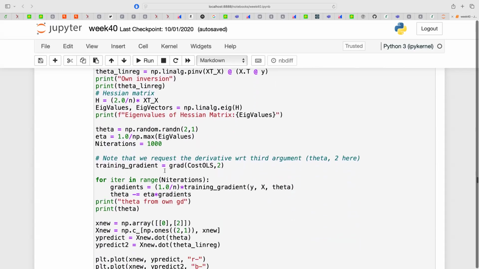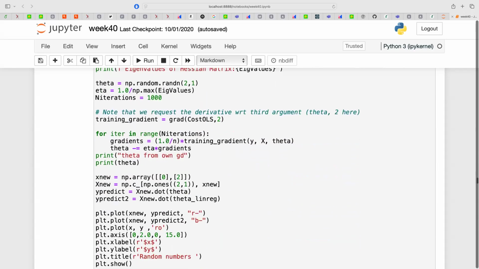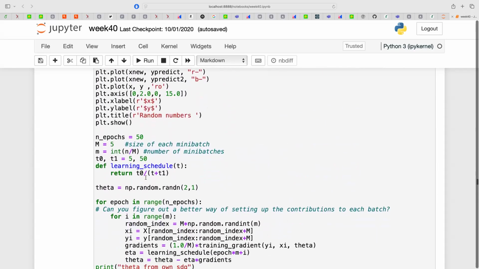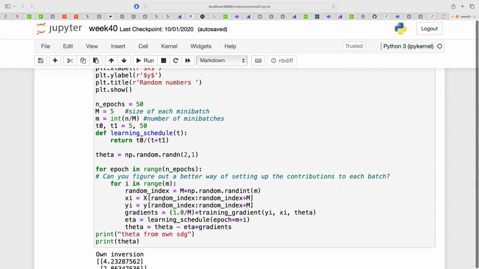But then my training is now, instead of calculating the gradients, I simply have the training gradient here. This is the standard gradient descent. And then what follows here is the standard gradient descent with the mini batches. So the size of each mini batch is 5, the number of epochs is 50. And then I have this linear learning rate, which we discussed in the beginning of the lecture, which is a very much ad hoc recipe.